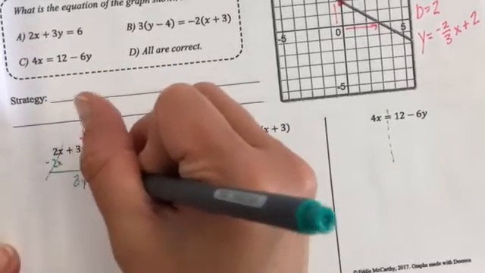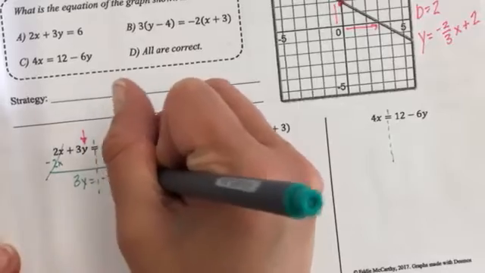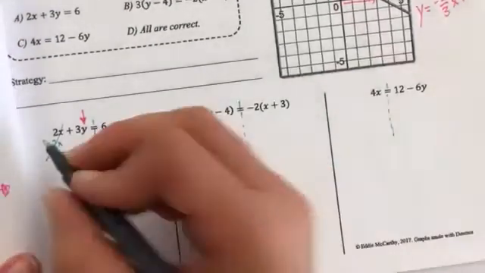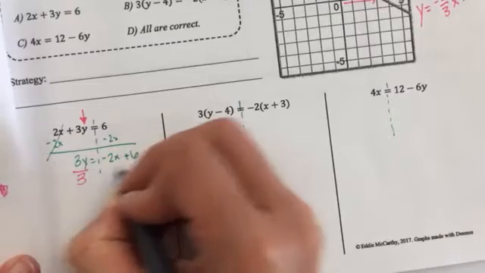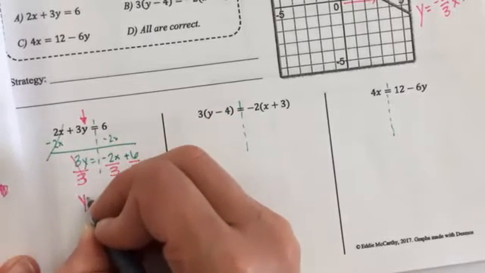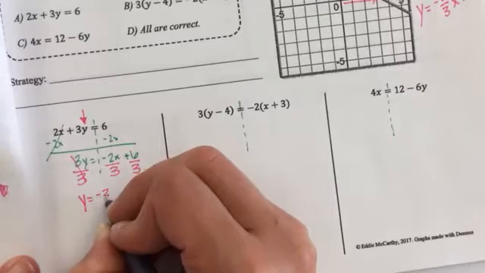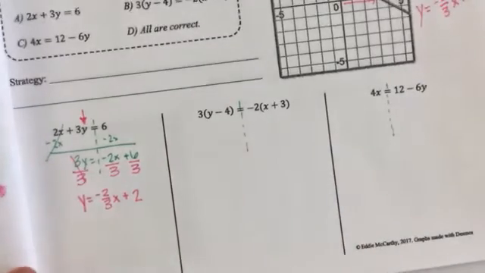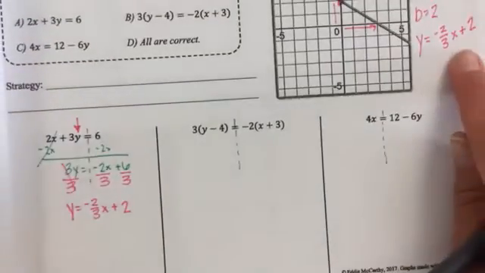So 3y equals -2x plus 6. How do you separate the 3 and the y? Yep, we're going to divide everything by 3. So I get -2/3 x plus 2. Well, that one matches, right? Okay.